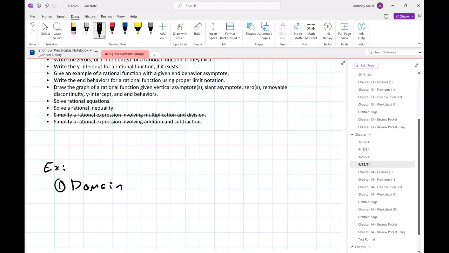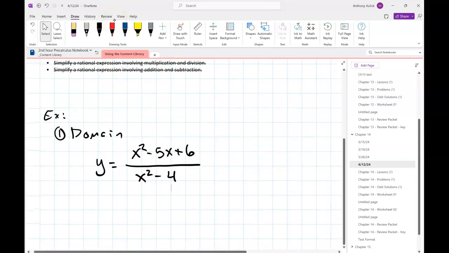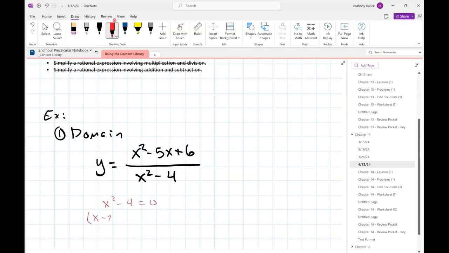So let's say we ask you to find the domain for this. So Joey says set the denominator equal to 0. So you can solve that by factoring.